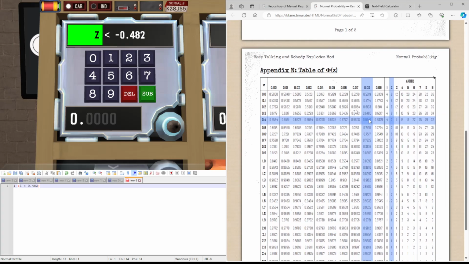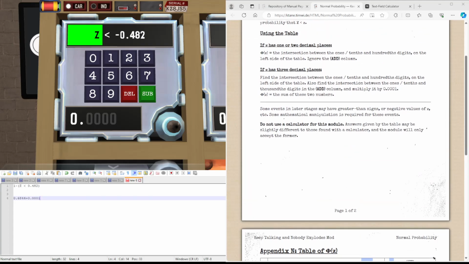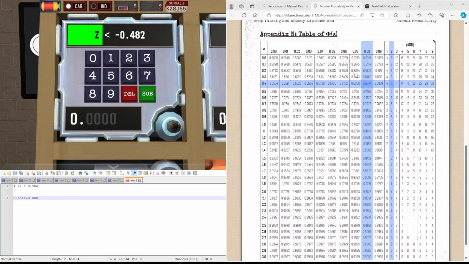So our initial number is 0.6844, but we're going to be adding 0.0001 times 7 to it.